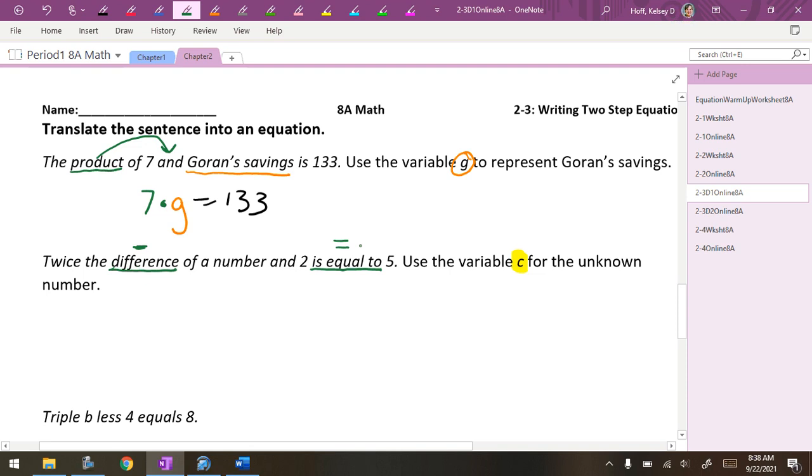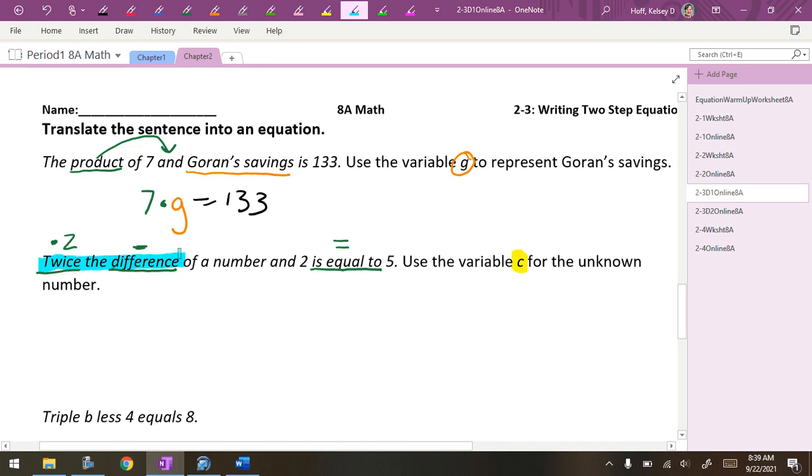Jack, do you see something else? What do you see? Twice. What does twice mean? It means times 2 specifically. Very good. So this means we're going to multiply times 2. Now, this phrase right here, twice the difference, is a special phrase where we have to use parentheses.